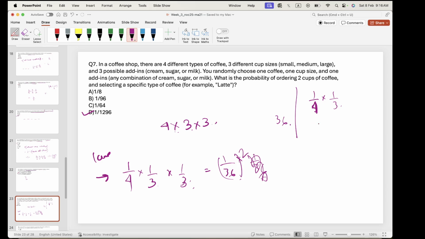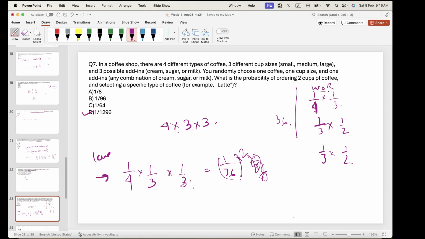Then again for milk, for a different cup I had to choose 1 by 3 into 1 by 2. And then for cream again 1 by 3 into 1 by 2. So then this would have changed. You get my point?